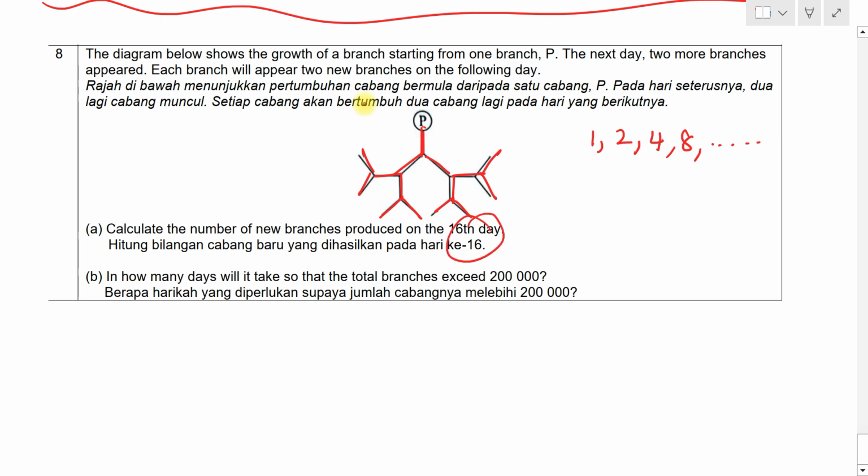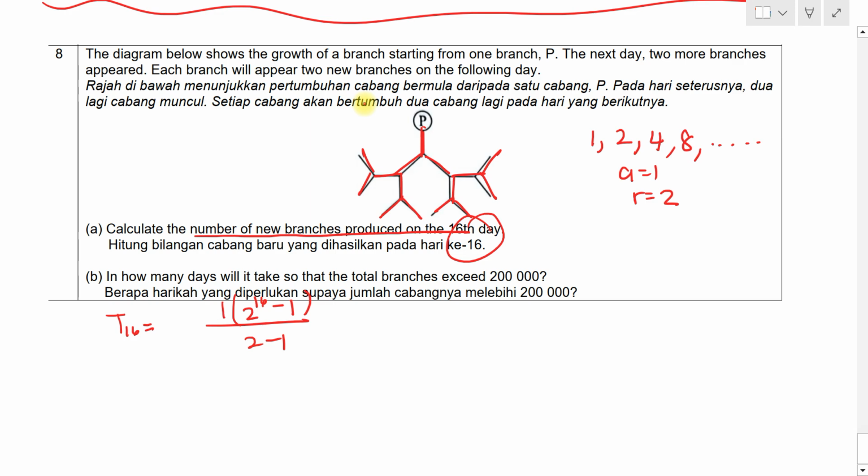On the 16th day, what is the number of new branches produced? These are the number of new branches produced, so T16 is what they're asking. Your A is 1, your R is 2. Very simple, this one. So 2 minus 1, 2 to the n, which is 16, minus 1, and your A is 1.